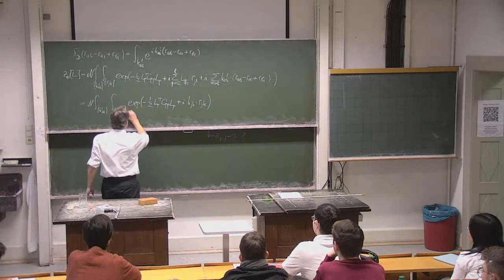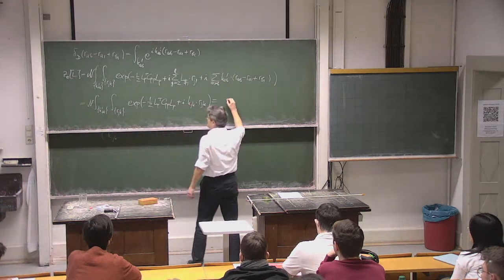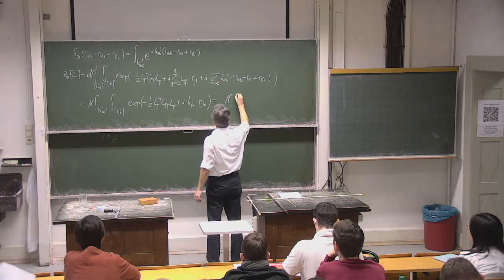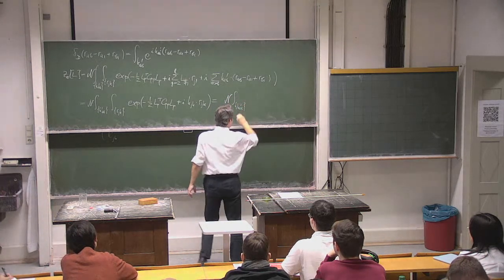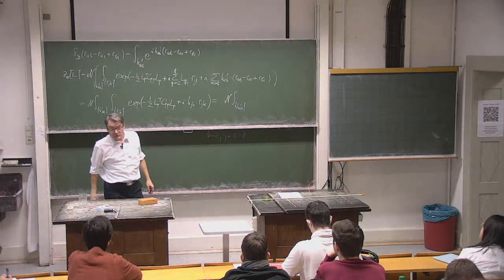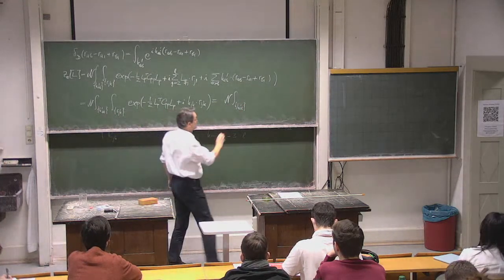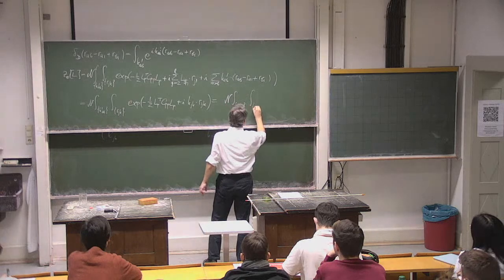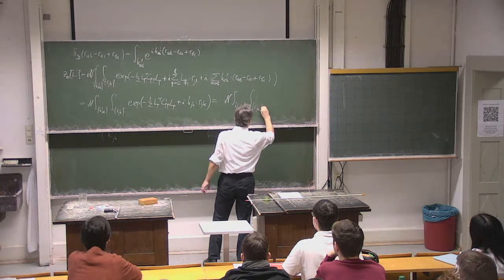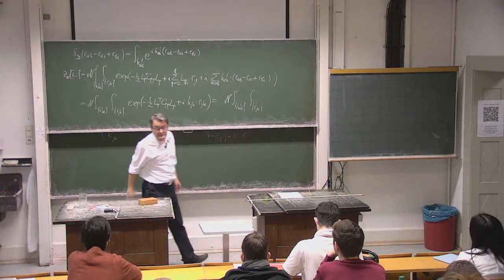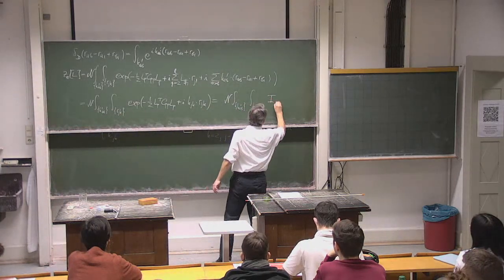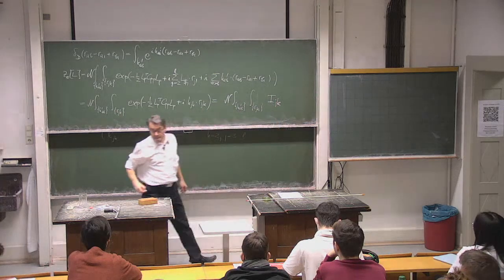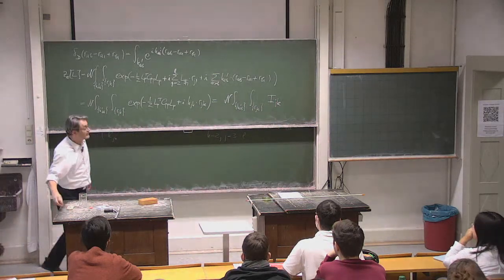So this means that I can write this as some normalization factor, an integral over all new wave vectors KAB prime, an integral over all particle coordinate pairs, and now a generic factor IJK.